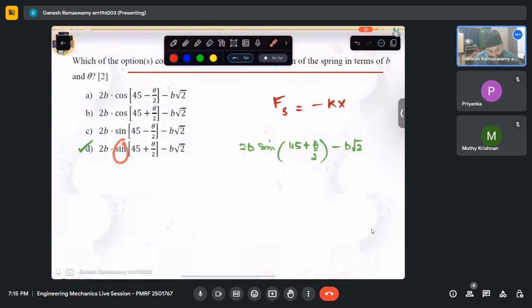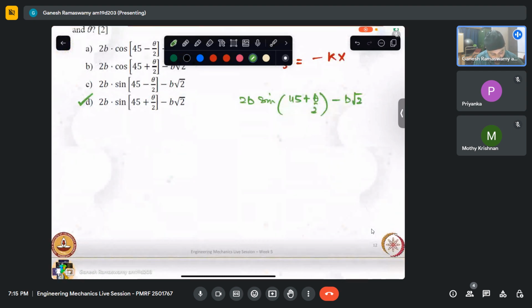So now we know one relation that cos of 90 minus a is nothing but sine a.